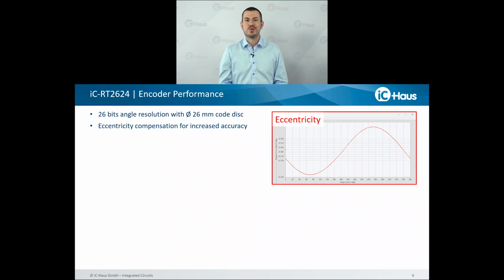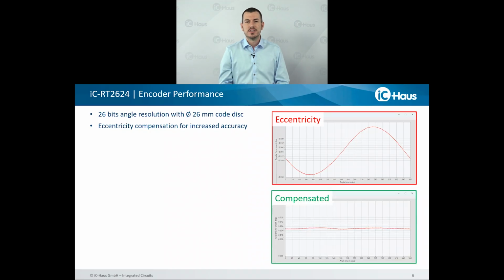If you have a radial runout of a code disk that is not perfectly centered on the rotating shaft, you get this long wave angle error over 360 degrees, and the eccentricity compensation just gets rid of most of this error. No need to look at the small numbers here.